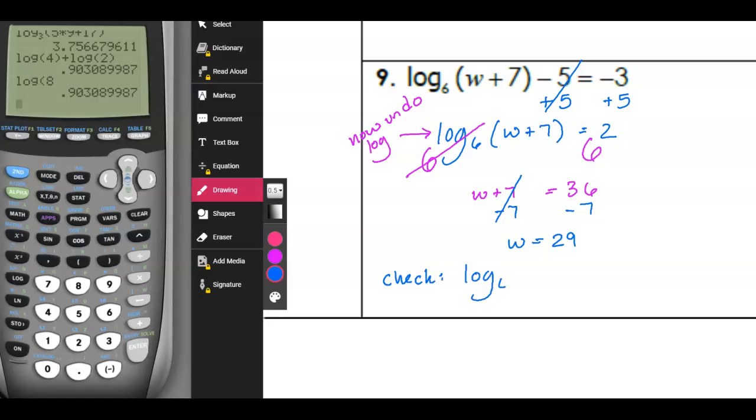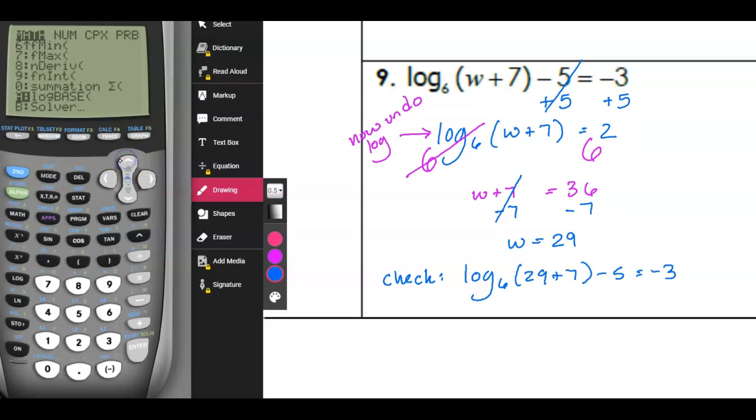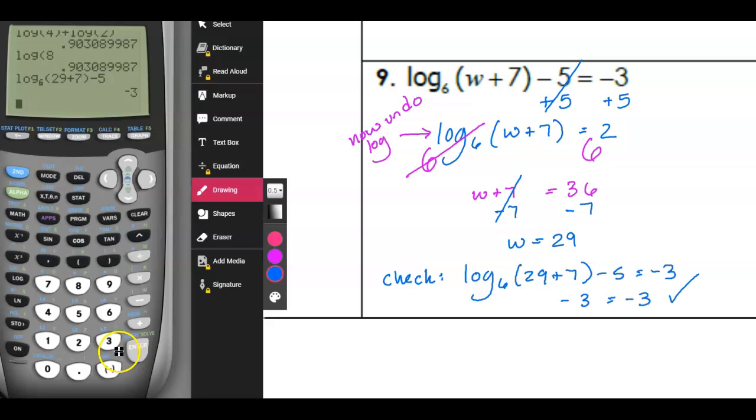So we have log base 6 of 29 plus 7 minus 5 equals -3. So in my calculator, I'm going to press math A, log base 6 of 29 plus 7 minus 5. And I want this to equal what? -3, which it does. So this is not extraneous, and I can circle w equals 29.